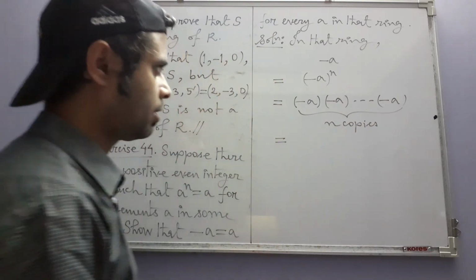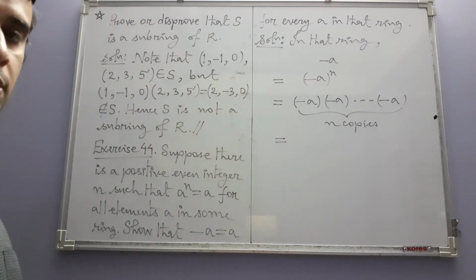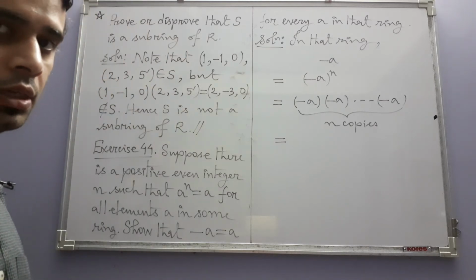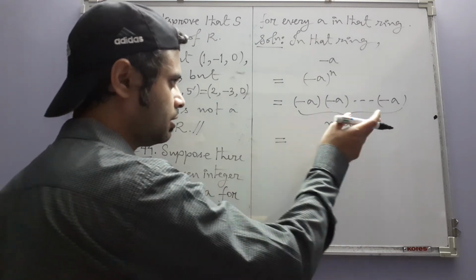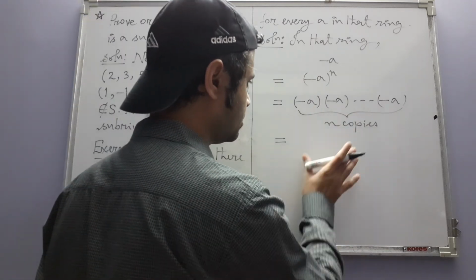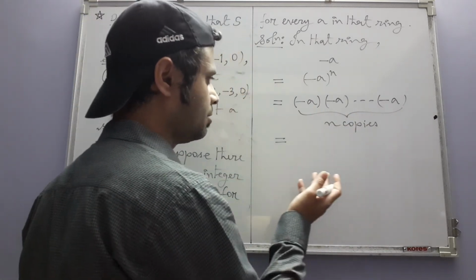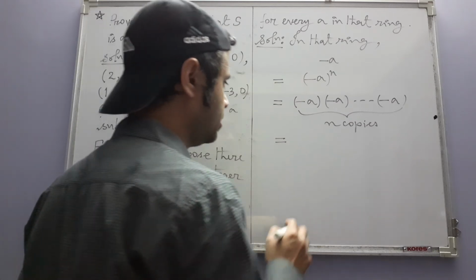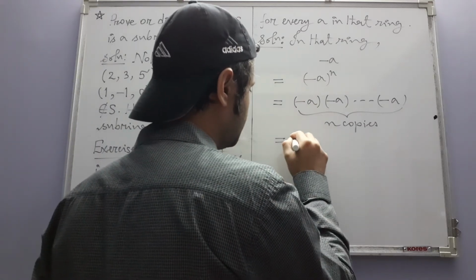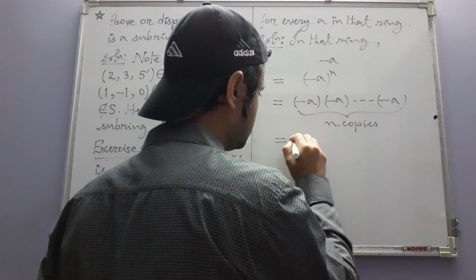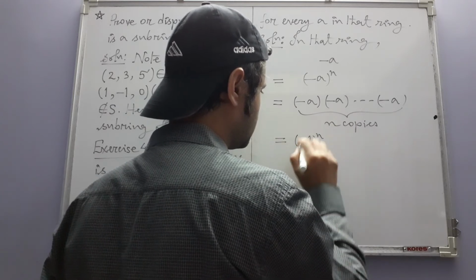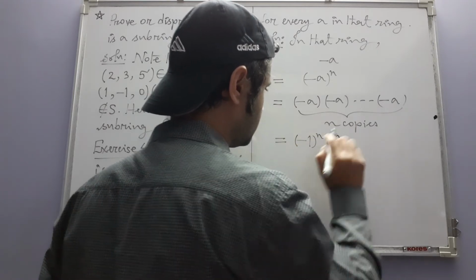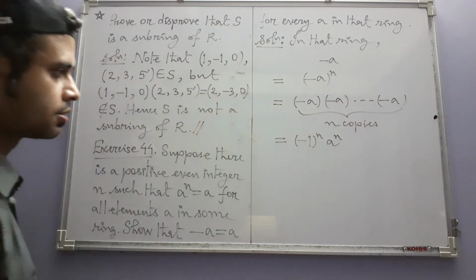Now use the fact that n is not just a positive integer but a positive even integer. So using elementary things that are true in a ring, this will be equal to this.